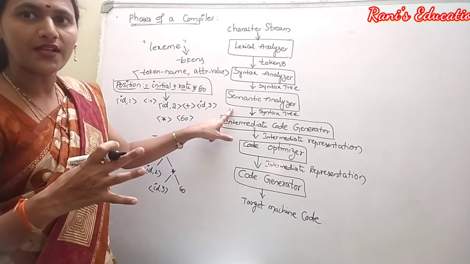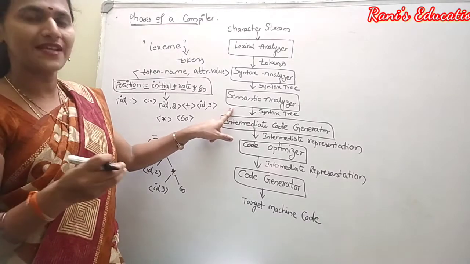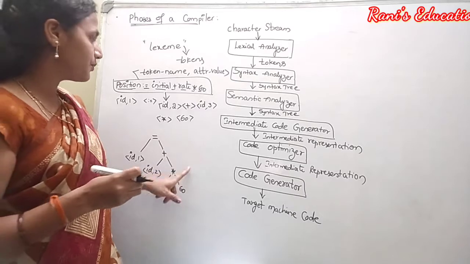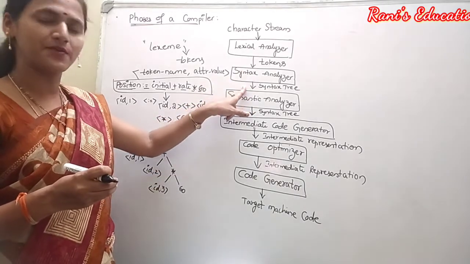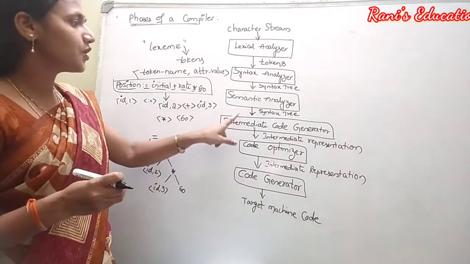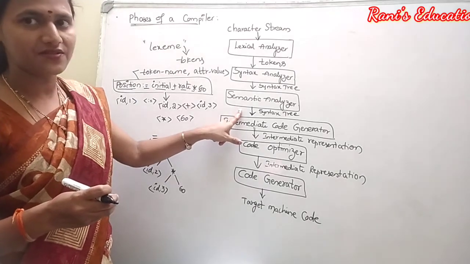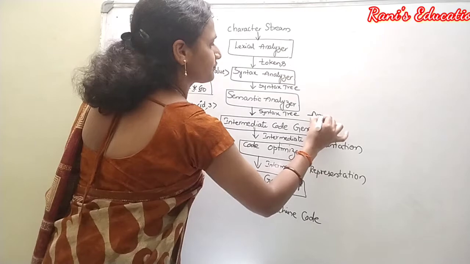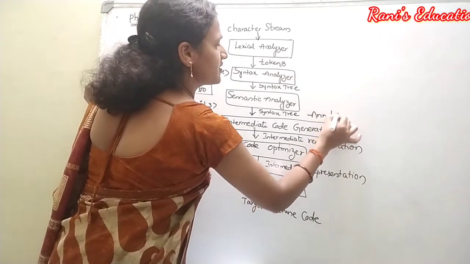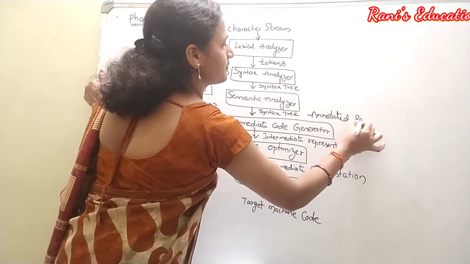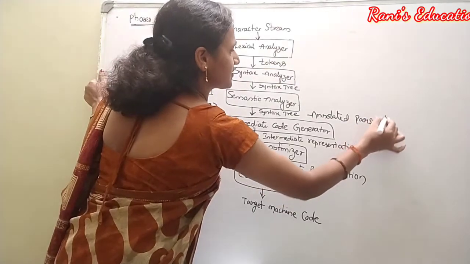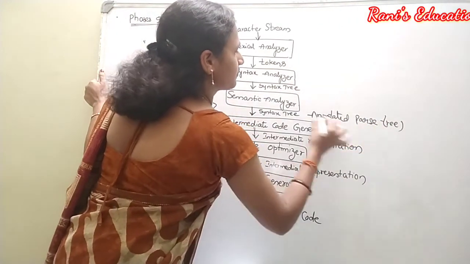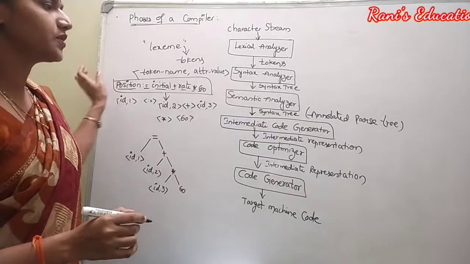This is the semantic analyzer. Here we construct a new syntax tree for the input syntax tree taken from the syntax analyzer. Such syntax trees are called annotated parse trees, or annotated syntax trees.